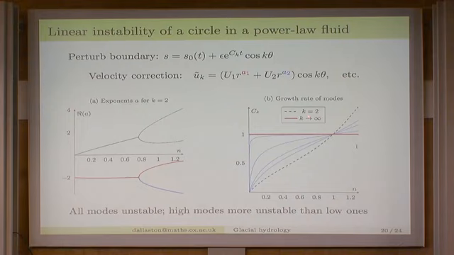The black dashed line is the k equals 2 mode, the mode that makes it more elliptical, and it becomes less unstable, but it's still unstable. And then as your mode number increases, it approaches the Newtonian result. This is non-dimensionalized with regards to the leading order decay of your circle. So the end result is that all modes are unstable, and the higher modes are more unstable than the low ones if you're in a shear thinning regime.